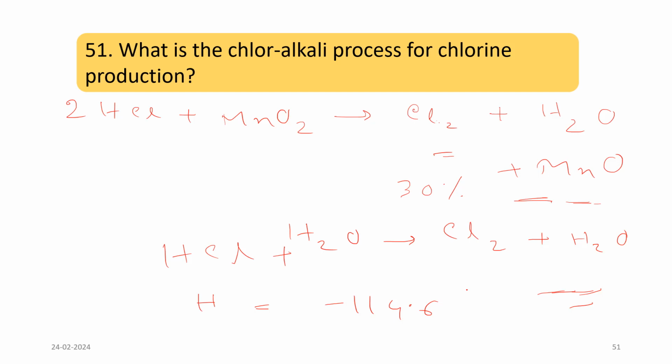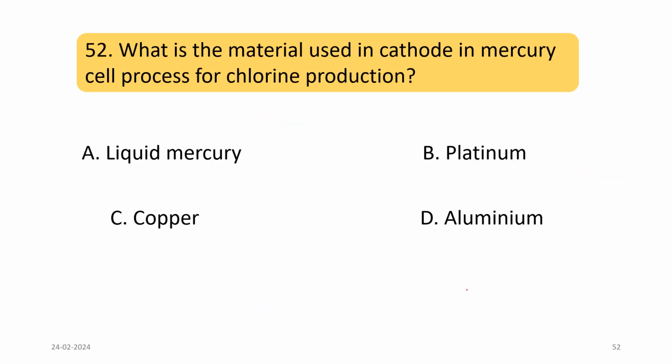Okay. Next question is what is the material used in cathode in mercury cell process for chlorine production? What is the material used in cathode in mercury cell process for chlorine production?